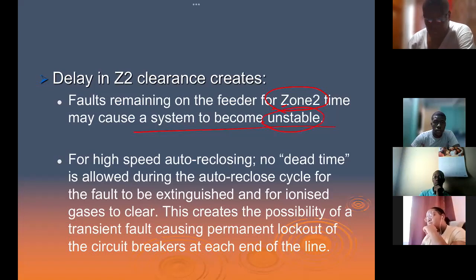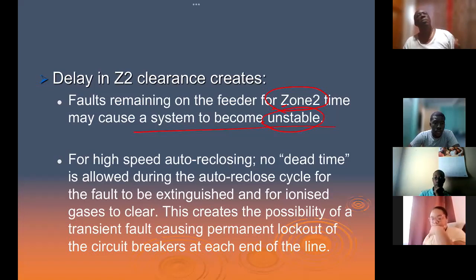The other point we're making here is about high-speed auto reclosing. An auto recloser is a breaker, and in terms of its operation, this is usually done in remote locations or on very important circuits also.